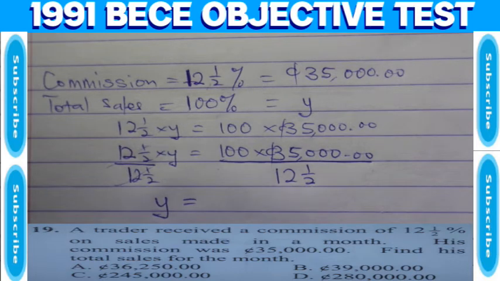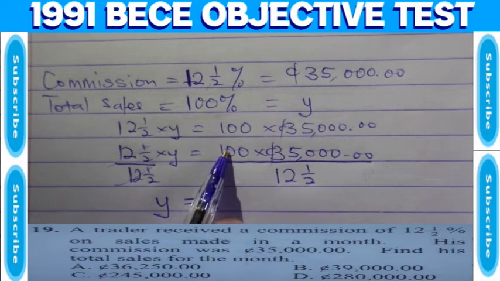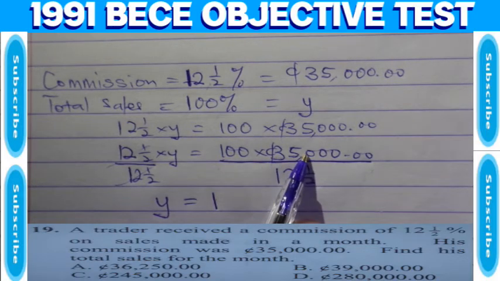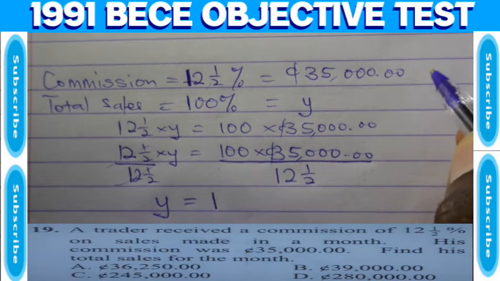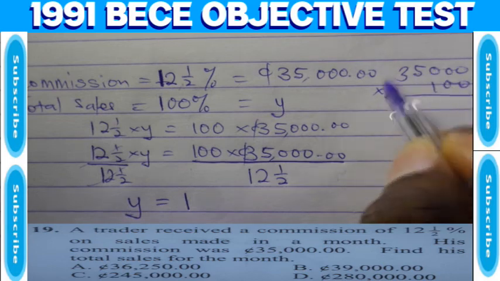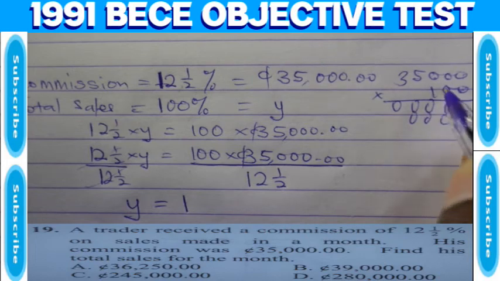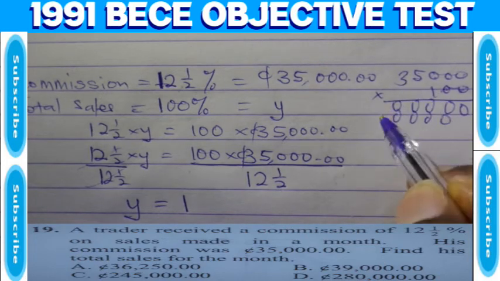All right, so this becomes 100. If 100 multiplies 35,000, let's see what we are going to get. 35,000 multiplying 100.